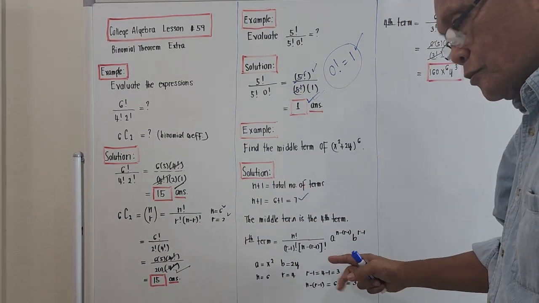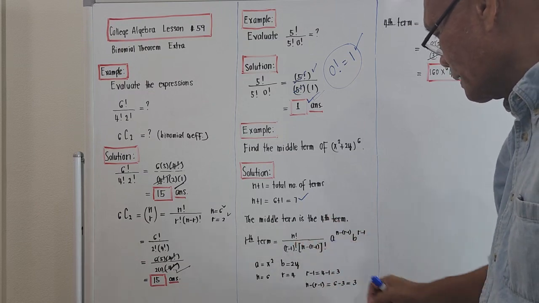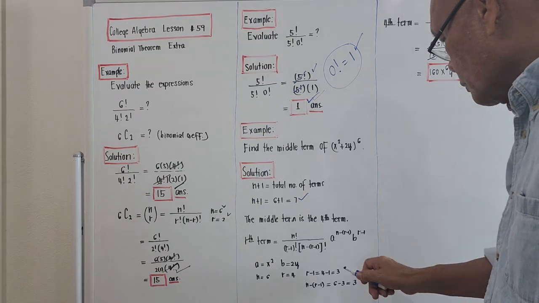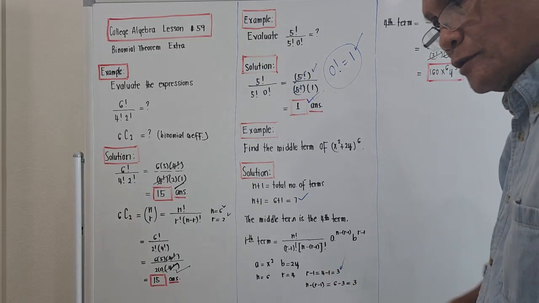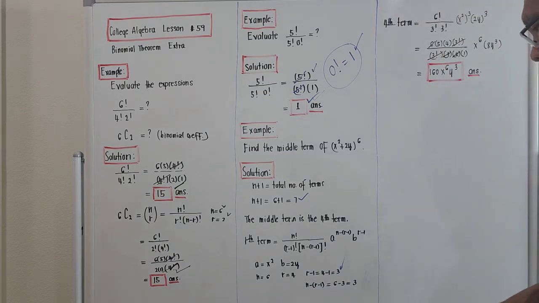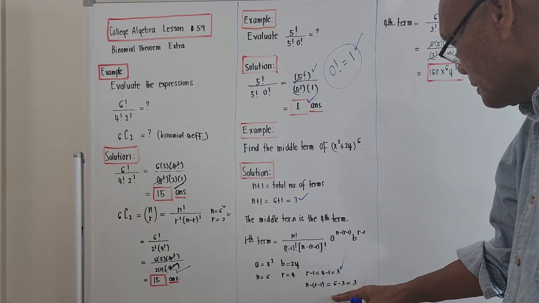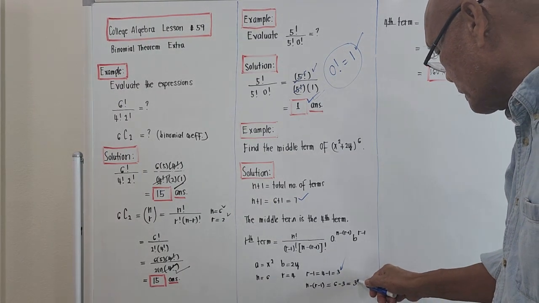So if we compute r minus 1 and n minus (r minus 1) separately, r minus 1 will be 4 minus 1, which is 3. We just do it separately, so we will be systematic. N minus (r minus 1) will be 6 minus 3, so it is actually 3.